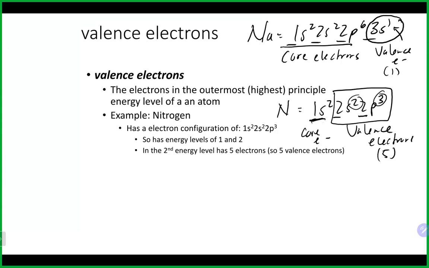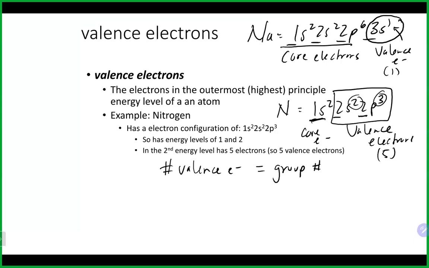So you can write out the electron configuration for everybody and figure out the valence electrons, but nobody wants to do that because there's a much easier way, and the number of valence electrons equals the group number. So the group number on the periodic table will tell you the number of valence electrons.